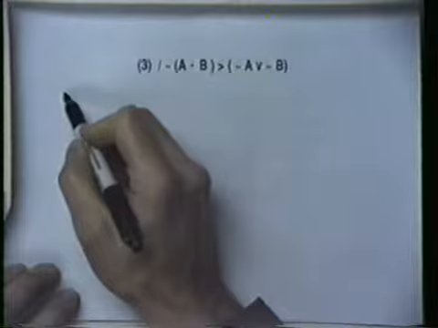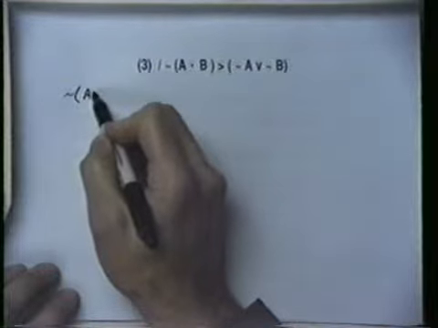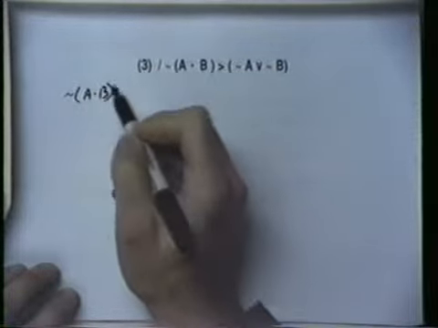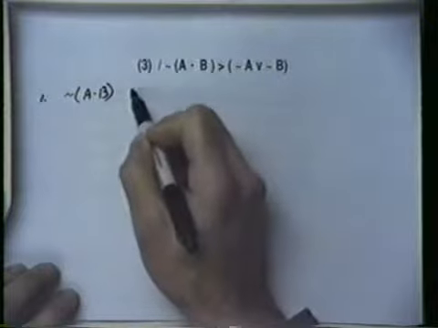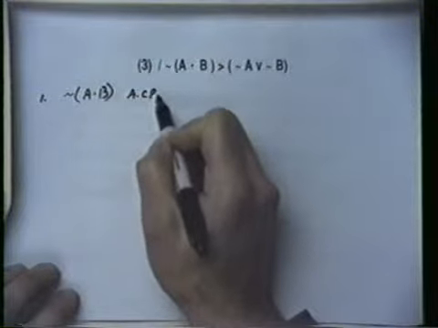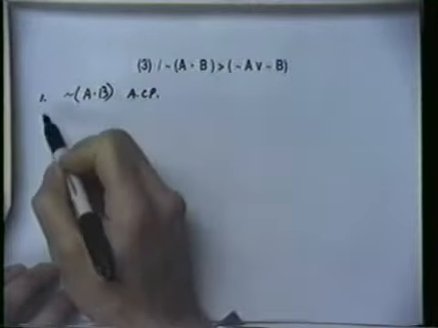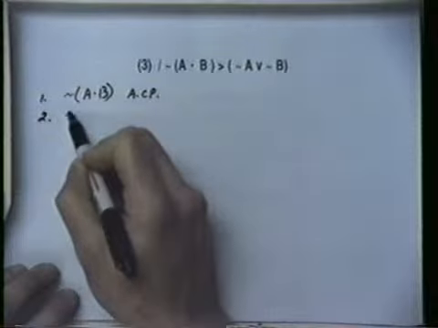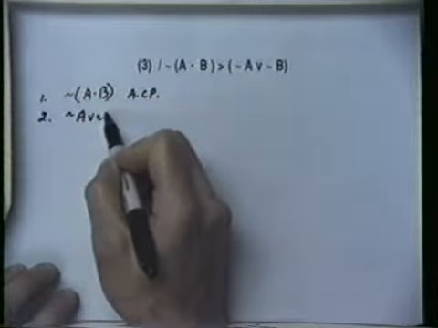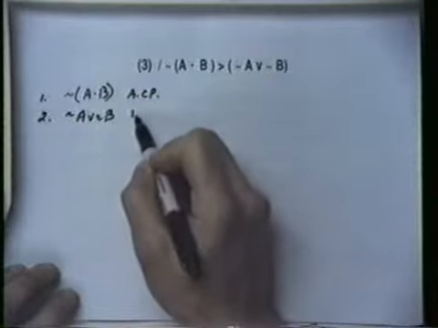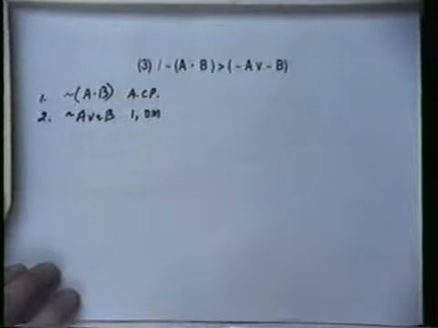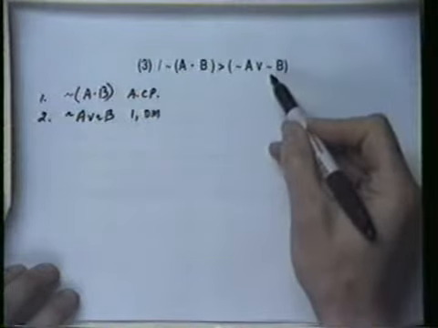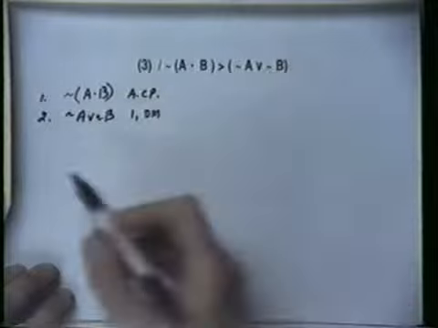We will then take not (A and B) as our line 1, and that will be an assumption for conditional proof. Line 2 here will be not A or not B, and that's from line 1 and De Morgan. That's, of course, what we were trying to prove, so this is very short this way.